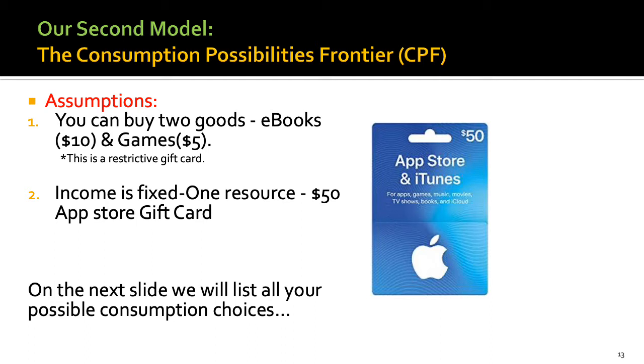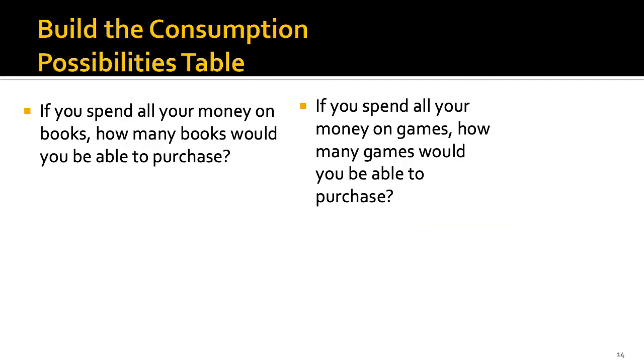This is a restrictive gift card. Your income is fixed. You have one resource, and it's that $50 App Store gift card. So let's have a look at how we would build all of the different consumption possibilities based on those two goods and that specific resource.